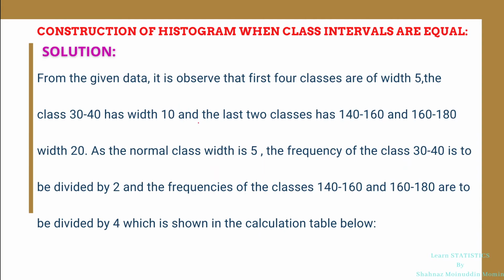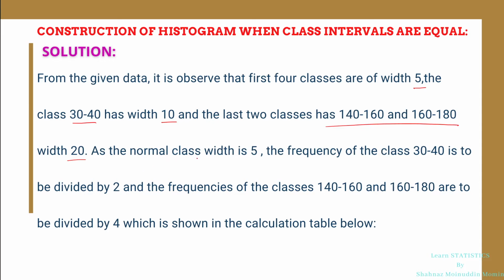From the given data, it is observed that the first four classes are of width 5, the fifth class 130 to 140 has width 10, and similarly the last two classes have width 20.